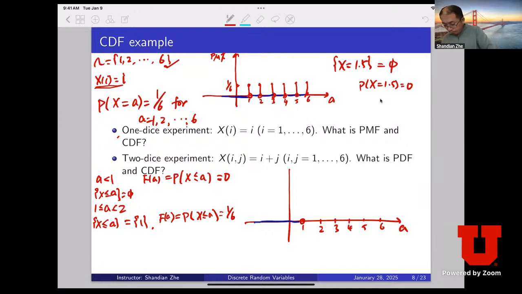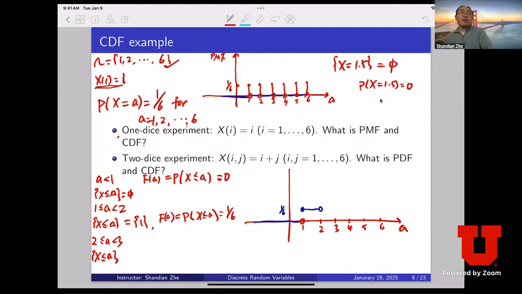It will be something like this, right? This is 1/6. So I mean, keep doing this. If we look at 2 less than or equal to A and less than 3, again, we want to look at what this event X less than or equal to A represents.